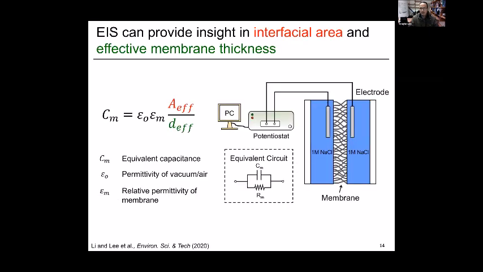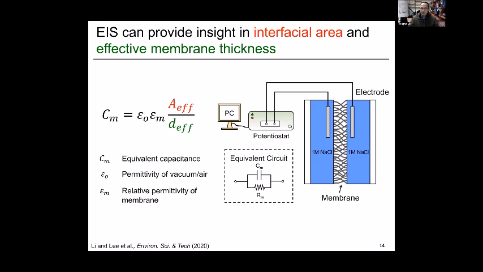So to see if the latter 2 reasons are real causes, we used electrochemical impedance spectroscopy across these membranes. Basically, we sandwiched this membrane between 2 electrolyte solutions, and we applied AC voltages with different frequencies.